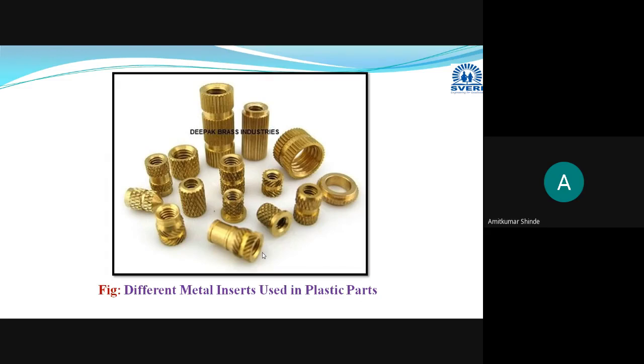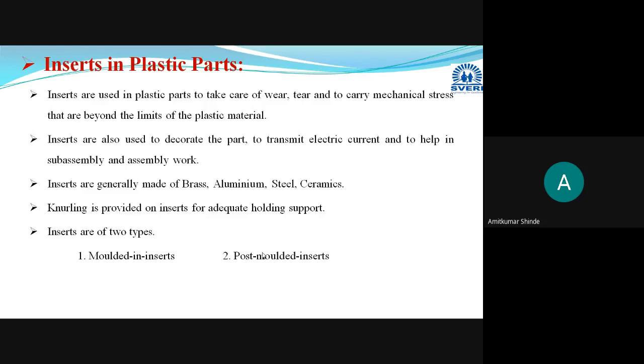Now, what is the purpose of using inserts in the plastic part? In plastic parts, these inserts are used to take care of the wear and tear occurring. If some load is acting on the plastic part and that load is beyond the capacity of the plastic part, then it may fail.